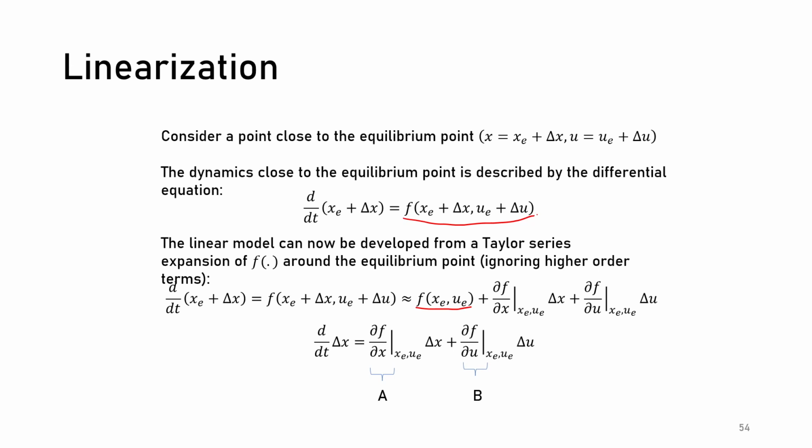We call this the expansion around equilibrium, around h equilibrium, right? And delta h is h minus h equilibrium, right? Delta u is u minus u equilibrium. Okay, you can find from here.